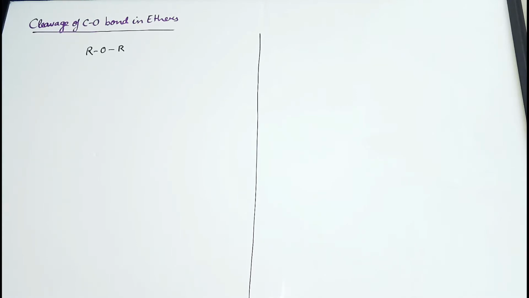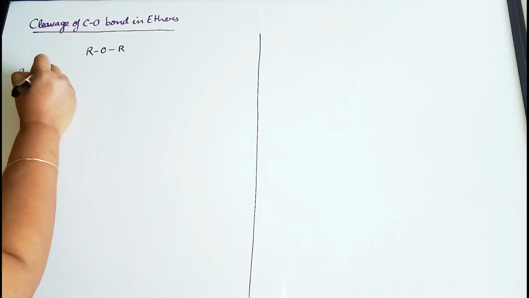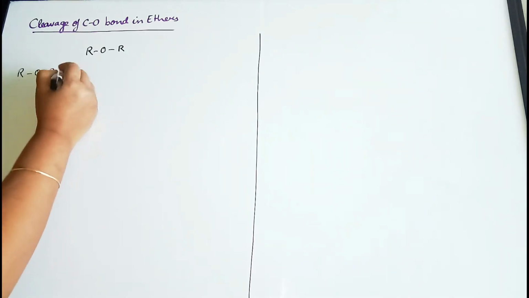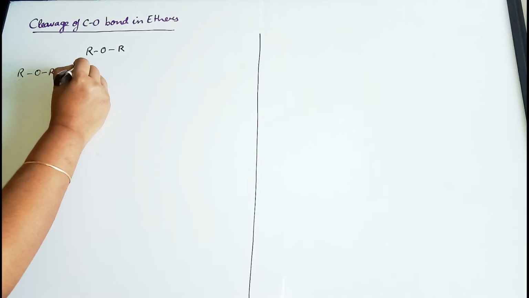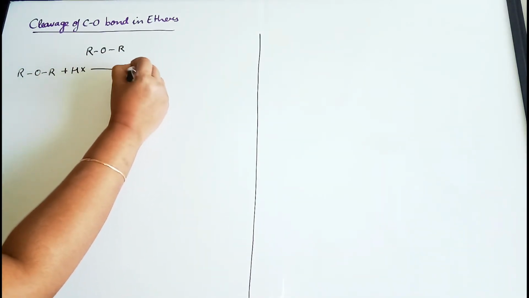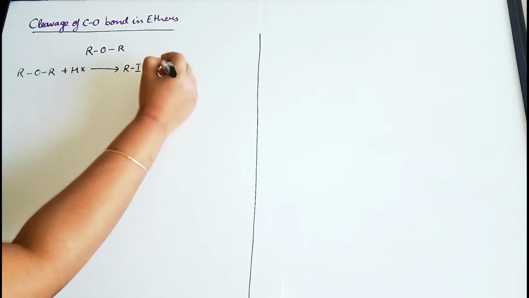So when you have an ether, let's take ROR. Okay, it's a symmetrical ether, which means this alkyl group and this one are the same. So it reacts to give us 2 alkyl halides. Now what happens is it reacts with a hydrogen halide HX to give us an alkyl halide and an alcohol.